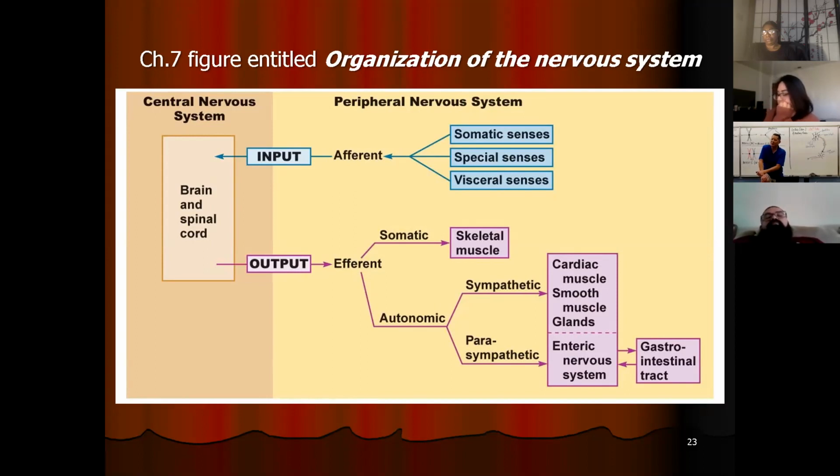It's the same root words. I will talk about this later, not today, but these terms, afferent and efferent, are PNS terms. In the CNS, we use ascending for sensory and descending for motor. Those are CNS terms. Don't worry, if you don't get it now, I will cover that again later.